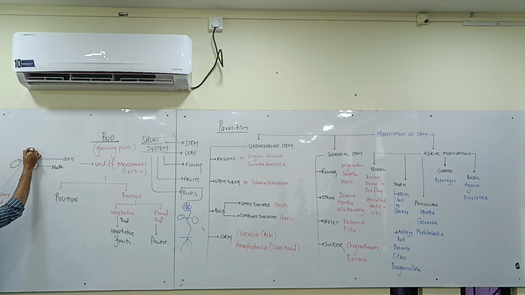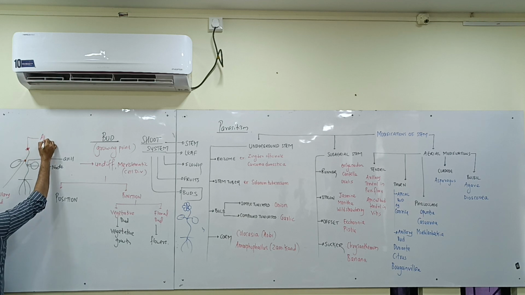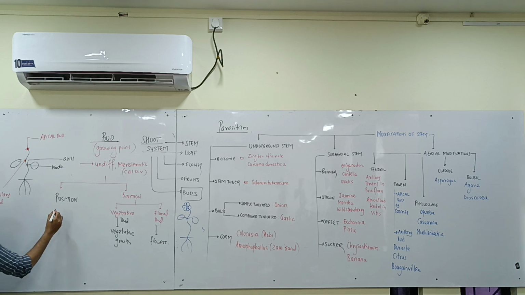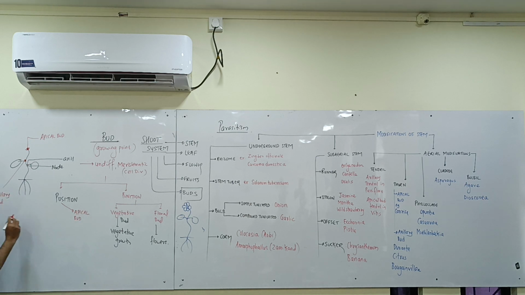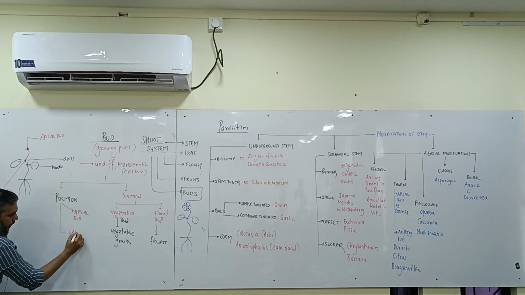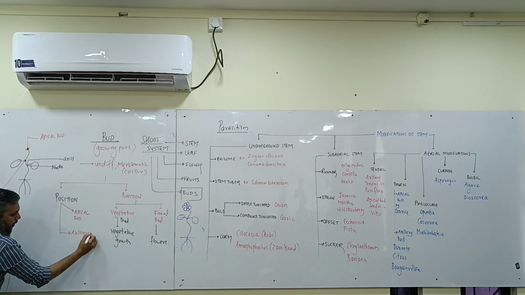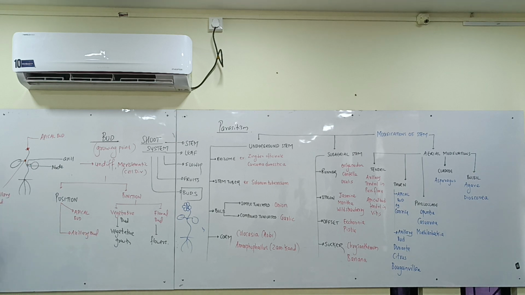If the bud is at the apex, okay, then that bud is called the apical bud. Okay? So a bud can be classified as an apical bud if it is at the apex. Or it can be an axillary bud if it is in the axil.